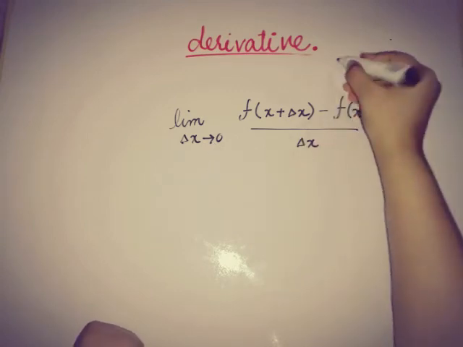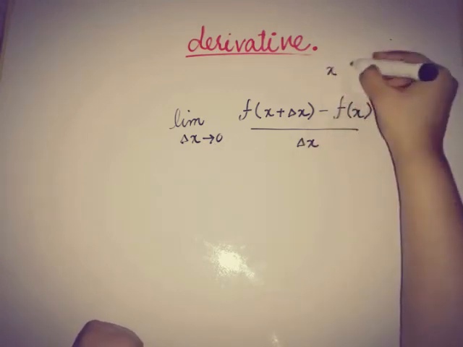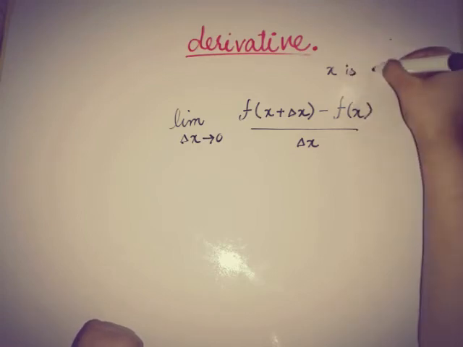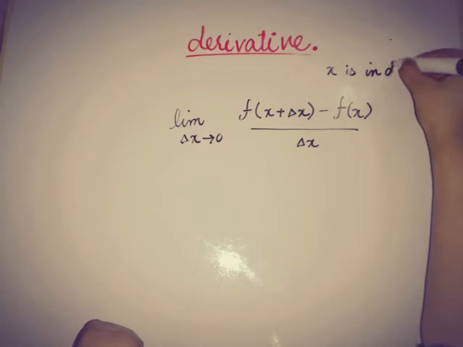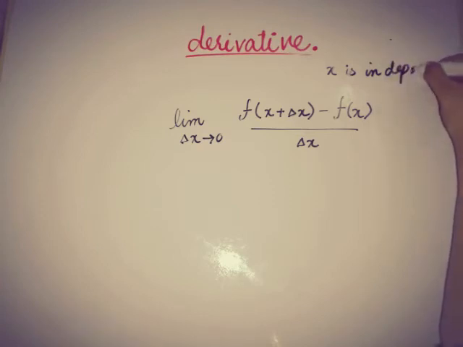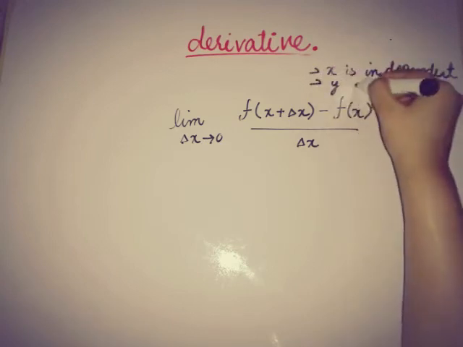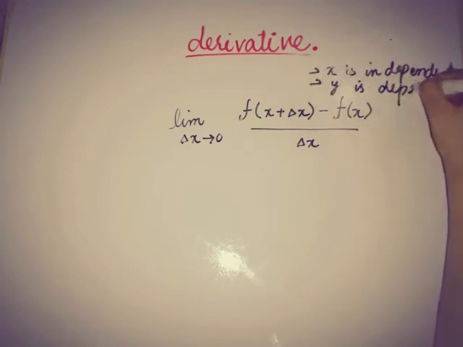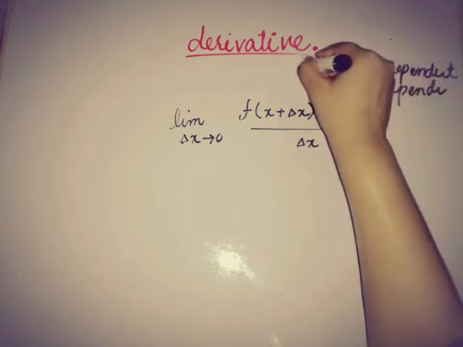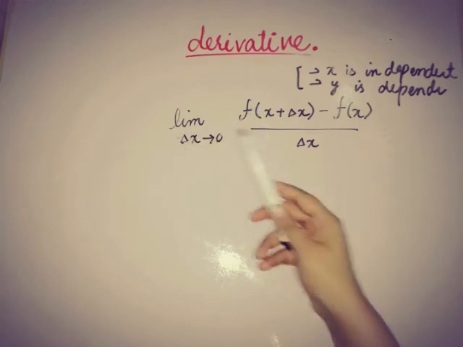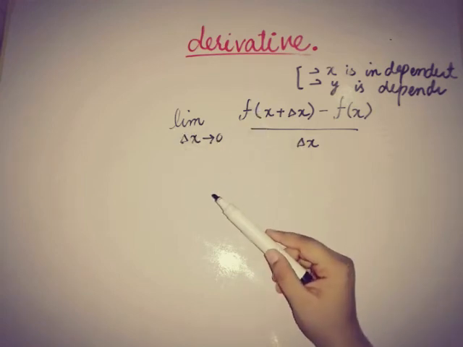Because in general we take x as the independent variable and y as the dependent. So by keeping this in mind, we can write the general form of the derivative.